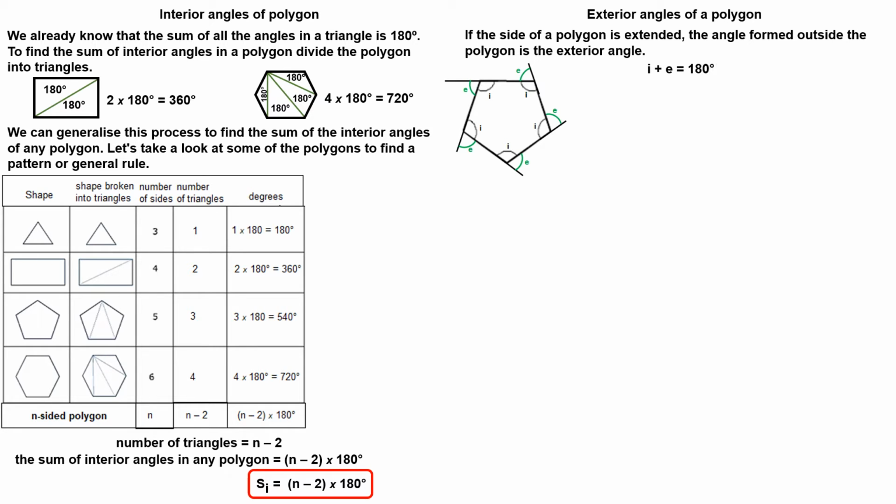Now consider a polygon with n number of sides. The sum of measures of these pairs is n times 180 degrees. We know how to calculate the sum of interior angles of a polygon with n sides. The sum of the measures of the exterior angles is the difference between the sum of measures of the pairs formed by interior and exterior angles and the sum of measures of the interior angles.